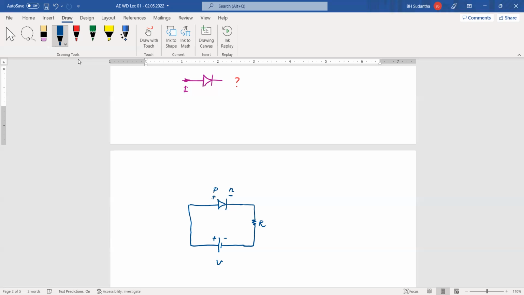Now we have to observe what will happen in the circuit. If we connect like this, the battery positive terminal is connected to the positive terminal of the diode, and the battery negative terminal is connected to the negative terminal of the diode. If we connect like this, then what will happen?